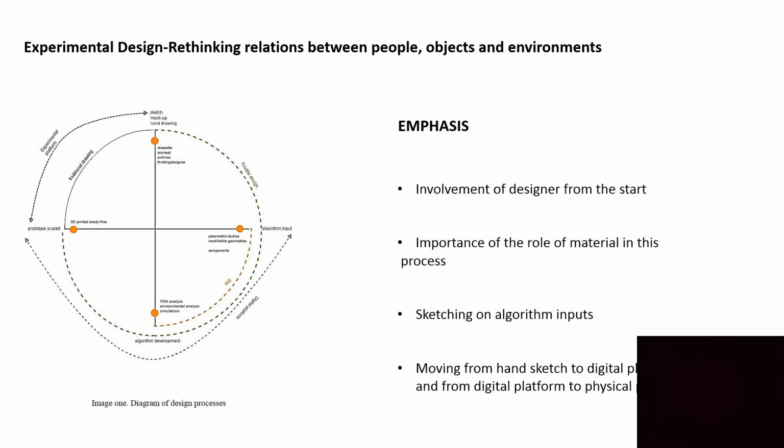The main emphasis of the erudite design process is to involve the designer from the start. The role of the materials is very important. The sketching is done on algorithm inputs. The process includes moving from hand sketch to digital platform and from digital platform to physical building models.